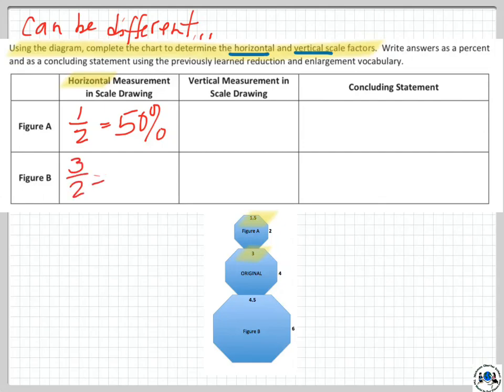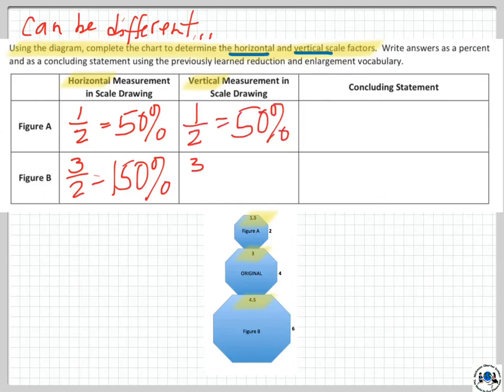In figure B, we have 3 over 2, which equals 150%. This is horizontal, and the way we see that is we have 4.5 for figure B over 3, which is the same as 3 over 2, which is 150%.